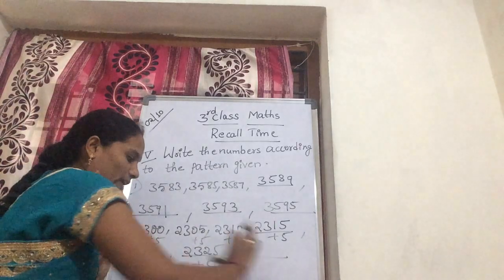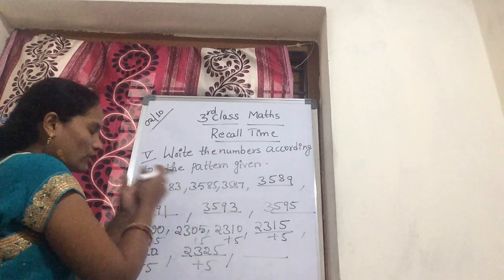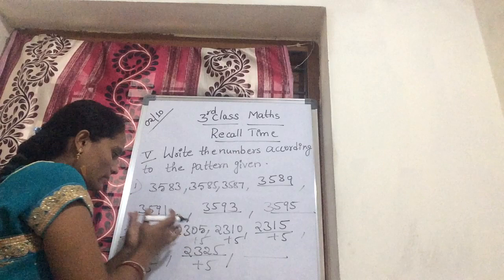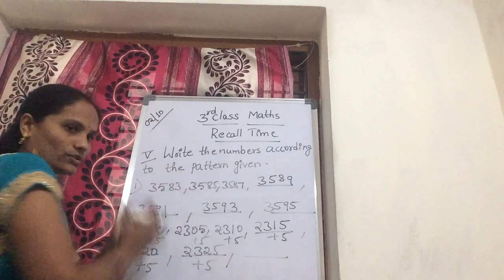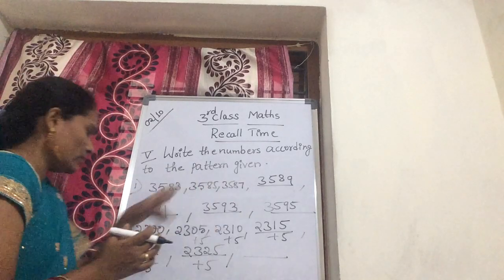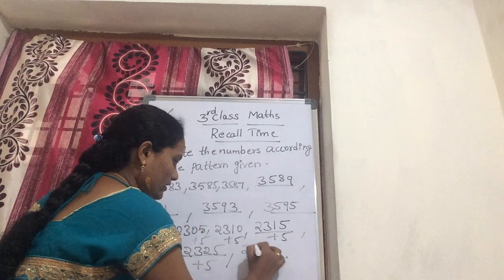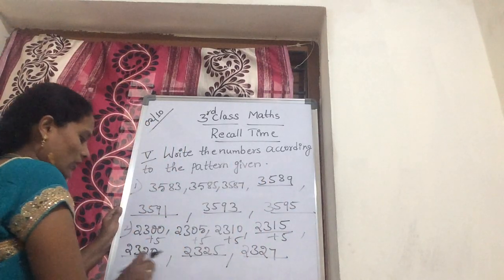In the first one you add plus 2 because the difference between both numbers is 2. Here the difference is 5. That's why here you add plus 5. Next, 2327. You got all the numbers.